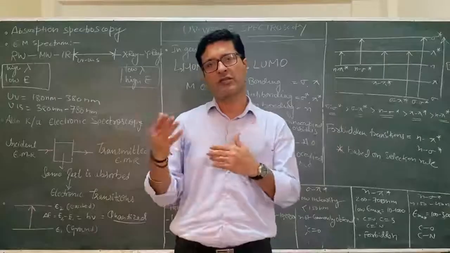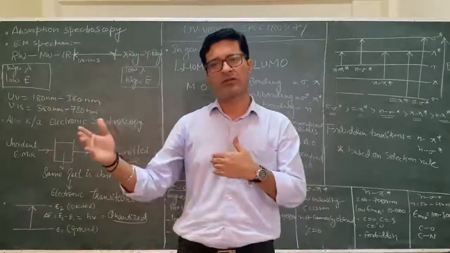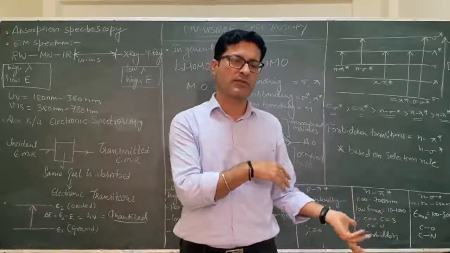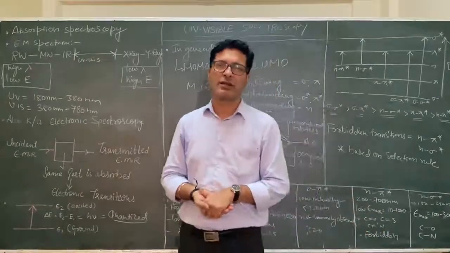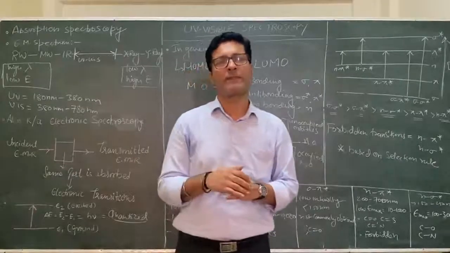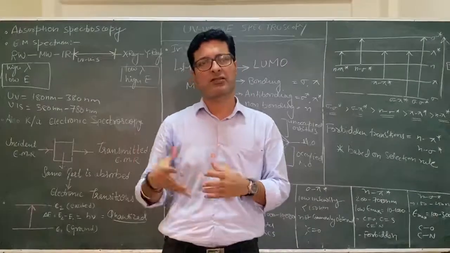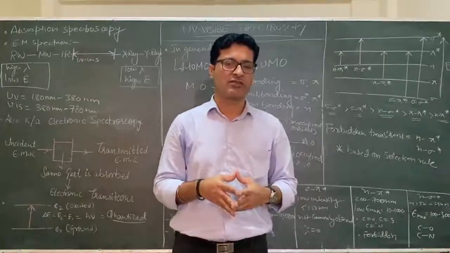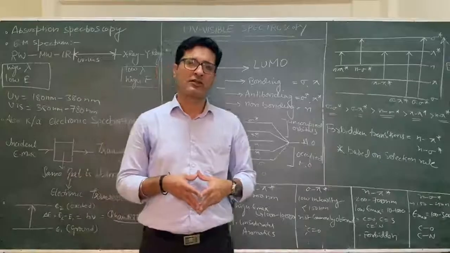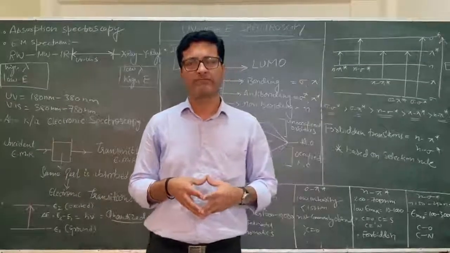When a heteroatom is attached to carbon with a double bond, n to pi star transitions are observed along with some other transitions, and when a heteroatom is connected to carbon with a single bond, n to sigma star transitions are observed along with some other transitions. So this was all about the basic idea of electronic transitions under UV visible spectroscopy. Thank you.